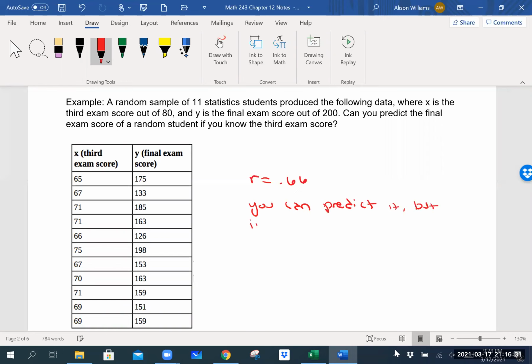It won't be very accurate, because I would definitely categorize this as a moderate linear relationship. So this would be a moderate, positive, linear relationship. And I'm going to abbreviate relationship there, REL, period. So yeah, I don't believe this would be very accurate.